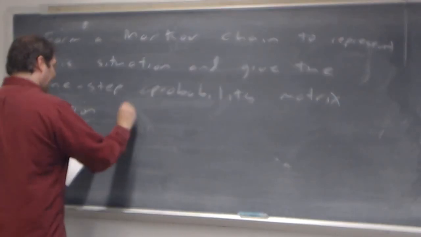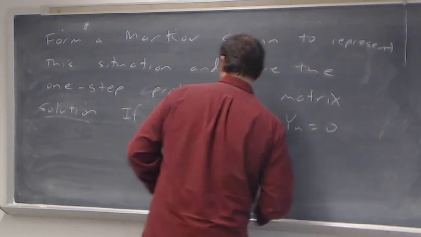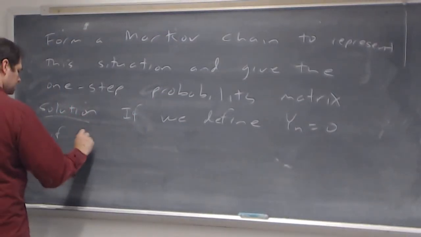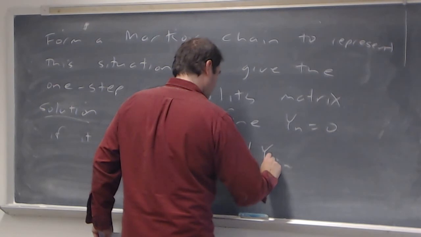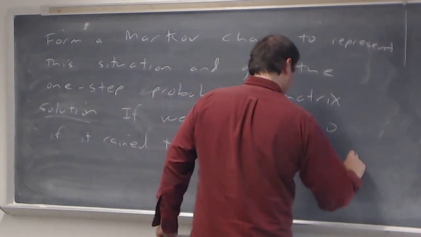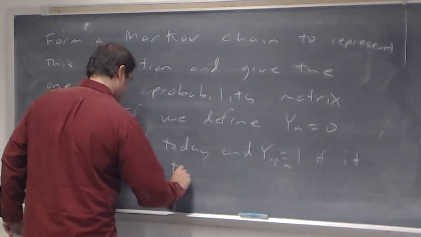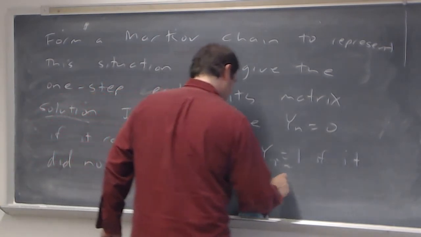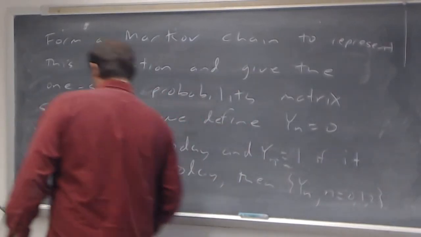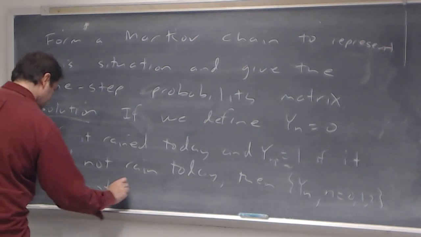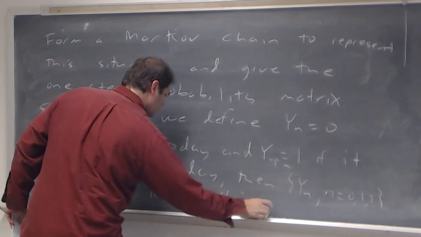And that is, if we define Y sub n to be equal to 0 if it rained today, and Y sub n to be equal to 1 if it did not rain today, then Y sub n, n equals 0, 1, 2, is not a Markov chain. So let's take a look at why.